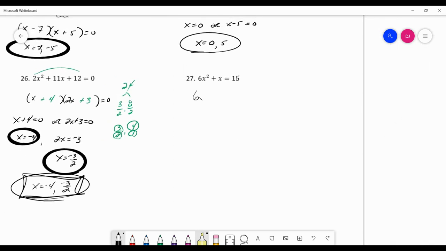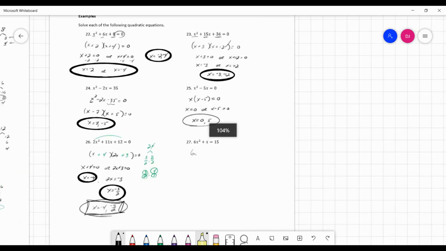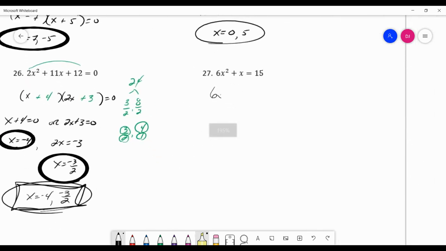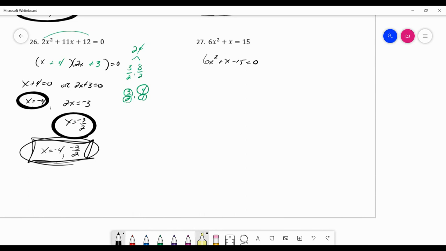First thing you want to do is stop fighting with the program. You want to subtract that 15 from both sides. We okay here? We're still fighting.